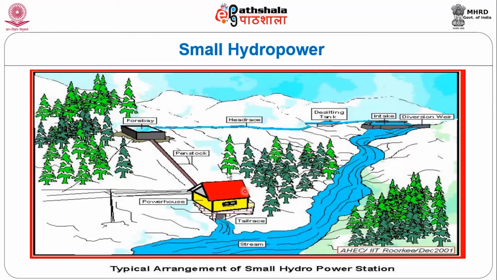And this is a small hydropower site. This is the powerhouse, this is the penstock and small reservoir, and this is the small river or stream. It is built across the river or stream, and small hydropower is generated from this.